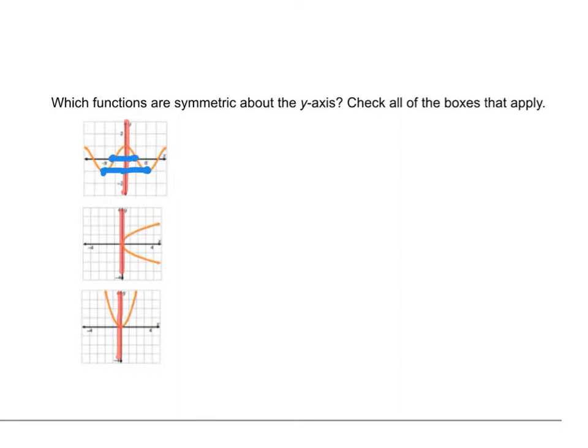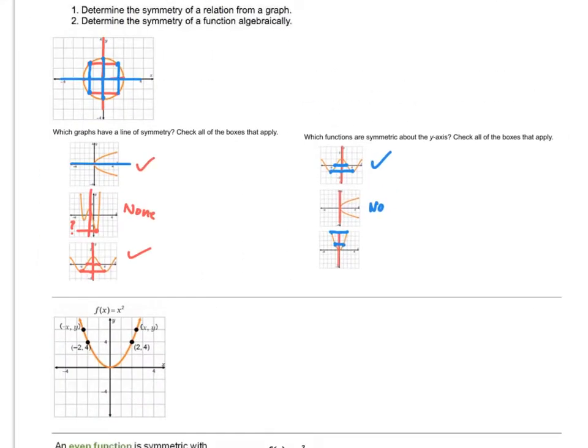We can tell by looking. This one, yes. This one, no. This one is actually symmetric about the x-axis, but not the y-axis. And this one, this parabola going up, all these points are equidistant to the y-axis, so we have symmetry.